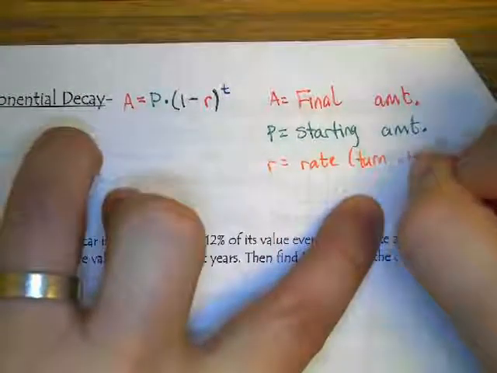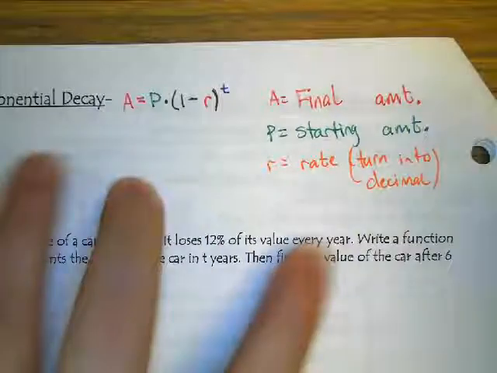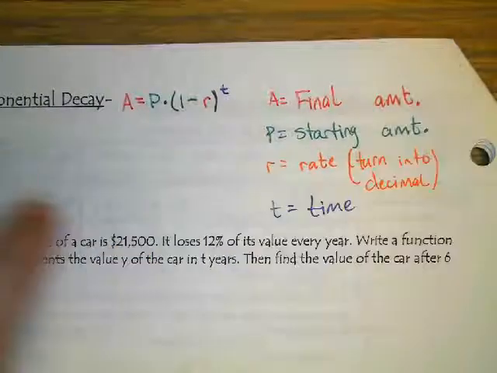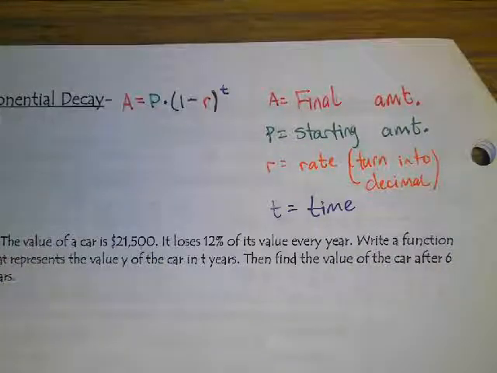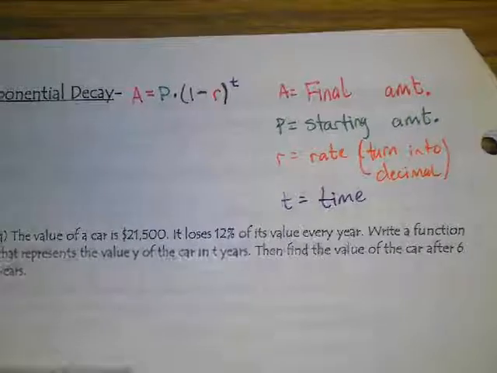Turn into decimal. And T is our time. So we identify everything, we plug it into our calculator, we hit enter.